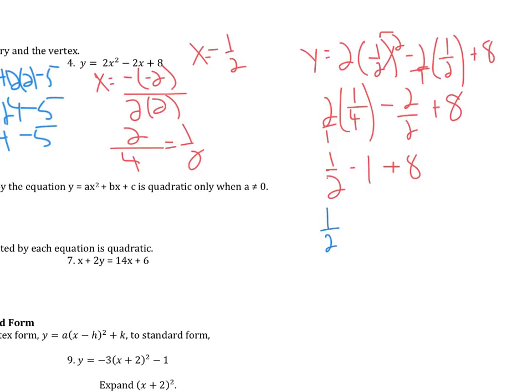This one becomes a negative 2 over 2. And then this becomes 16 over 2. Go ahead and now add your numerators. So 1 minus 2 is negative 1, plus 16 is 15/2. So we would say our vertex for this one is 1/2 and 15 over 2.